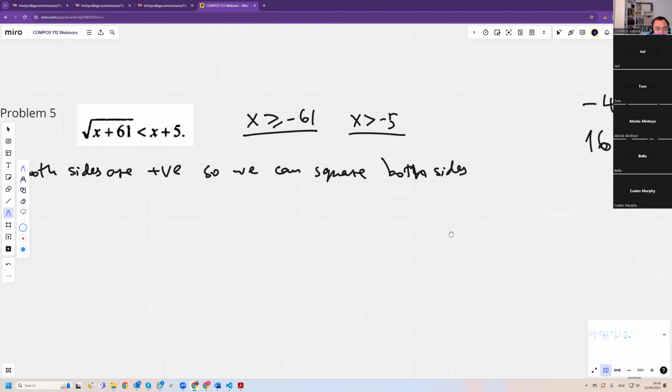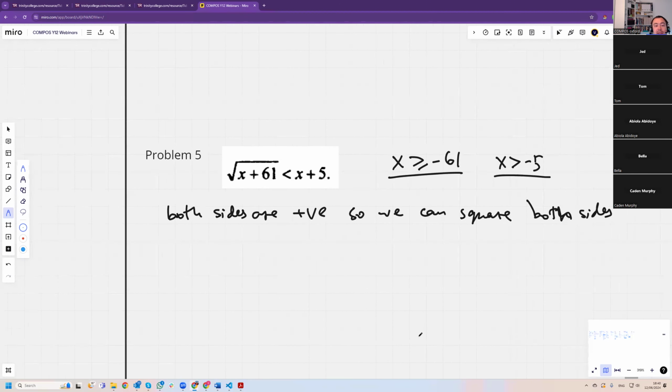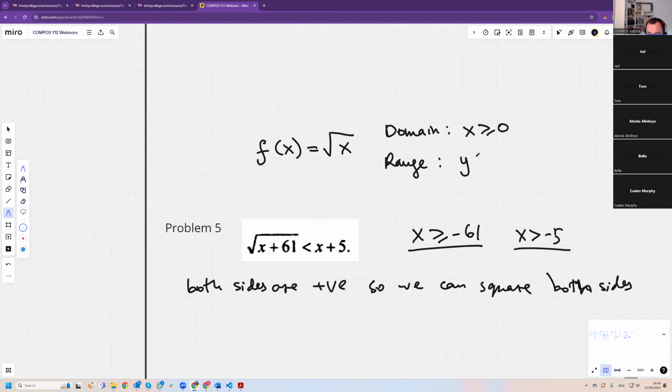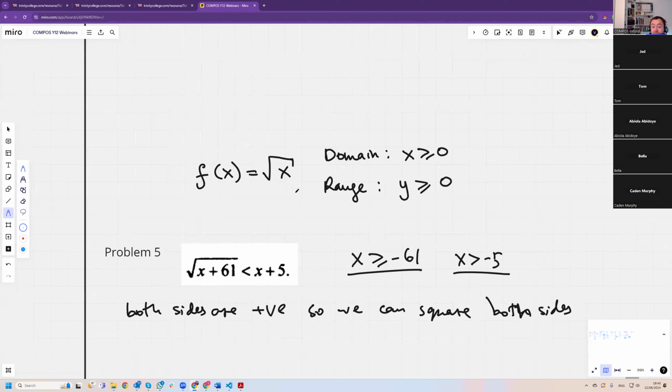Now, Bella, that's an excellent question, but square roots are not negative in the way we define the square root. So when we take the function, the square root is a function, and the domain of this function is x is greater or equal to 0, and the range of this function is y is greater or equal to 0, right? It cannot be negative, because if it could be negative, then we would be in trouble, because that would not be a function anymore.